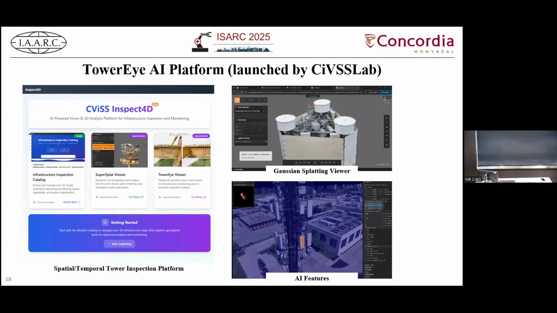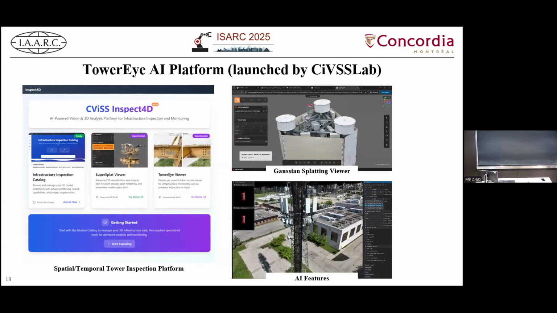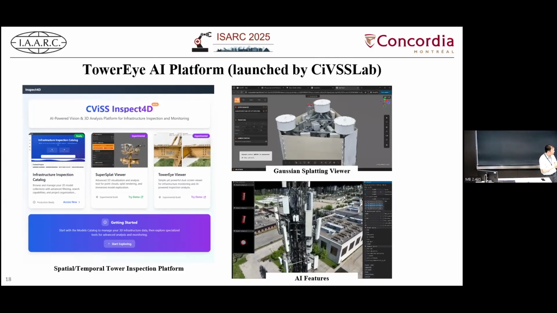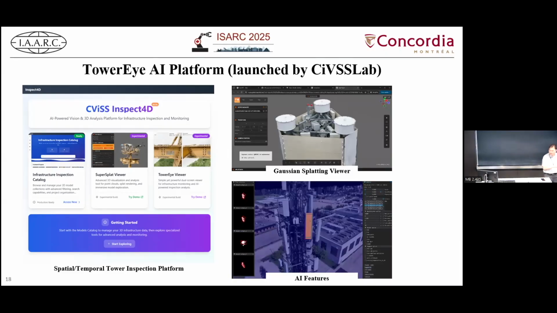We also add some AI features so that they segment all the tower components. Once you get the power components, we find out where the asset is and where the defect is. This research is one of the functions that we are going to implement in this software.